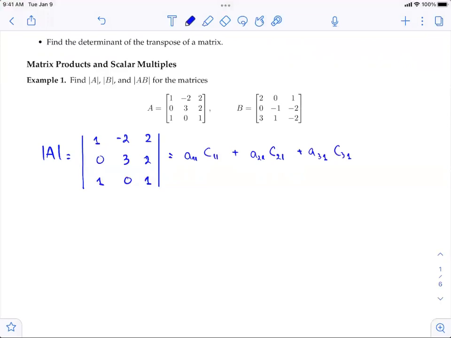Okay. So C11, C21, and C31 depend on the sign of the minors, right? For C11, the entry is positive. For C21, the entry is negative, and for C31 the entry is going to be positive again.